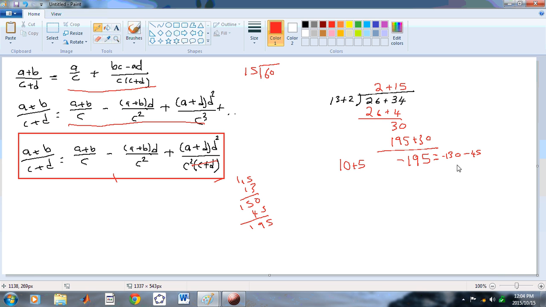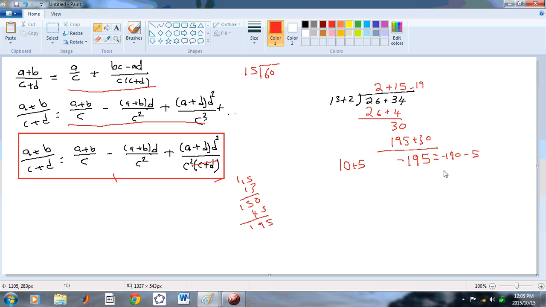Okay, so I'm going to break my dividend up here into 190 minus 5, like that, okay? And then I'm going to say 10 goes into minus 119 minus 19 times, right? Like that.